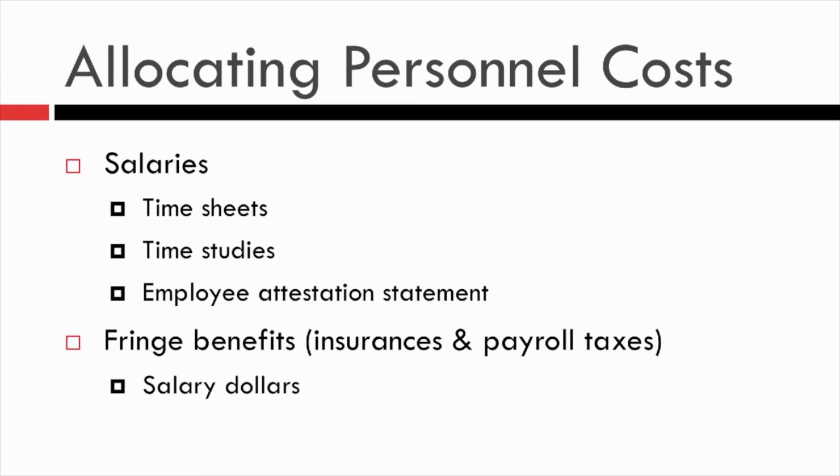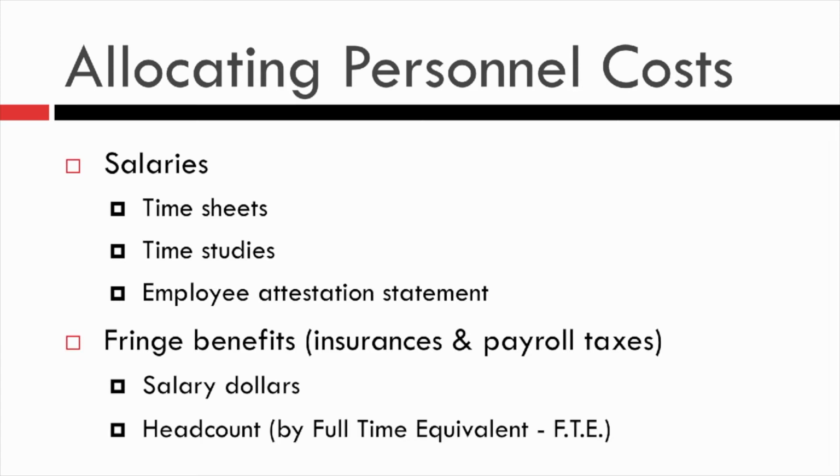Another way of doing this, and it's not uncommon to be used by nonprofits with government contracts, is to allocate your benefit costs by full-time equivalent, or FTE, because some contracts allow for a greater percentage of benefit costs to be recaptured.